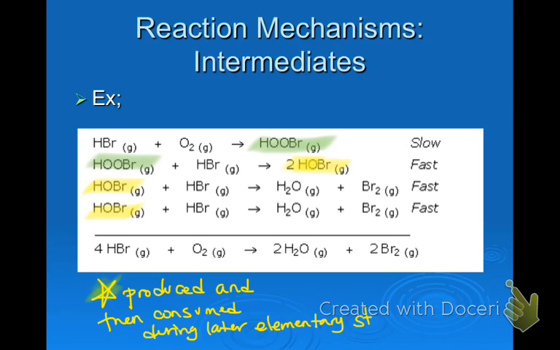It doesn't show up in the overall equation. It is there, but when all is said and done, it doesn't look like it was there, because even though it was made, in a later step it was used completely. So what you're looking for with an intermediate is something that first appears on the product side, but then later is completely used up on the reactant side. So that's what's known as an intermediate.